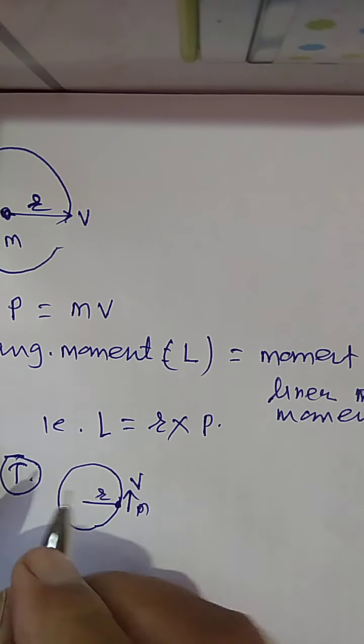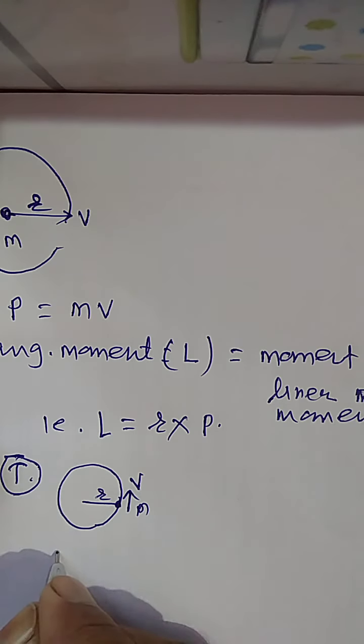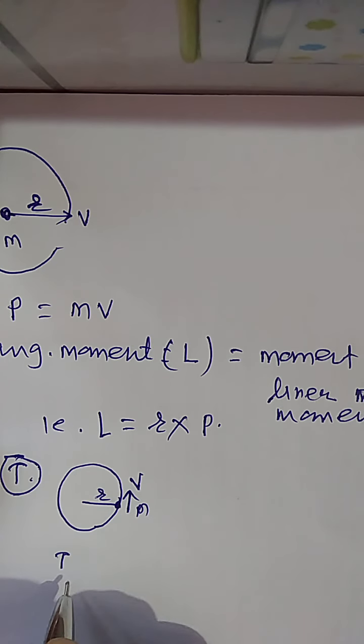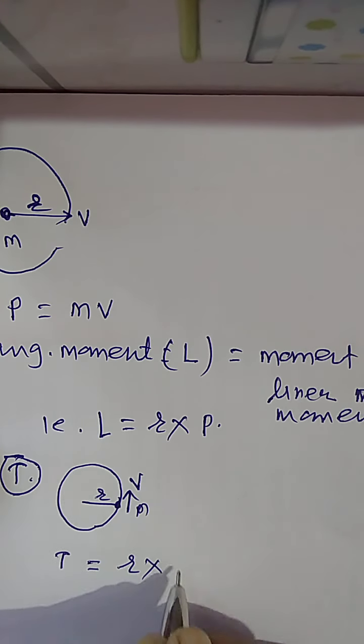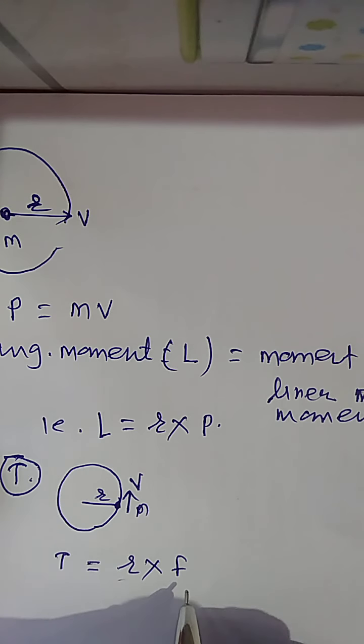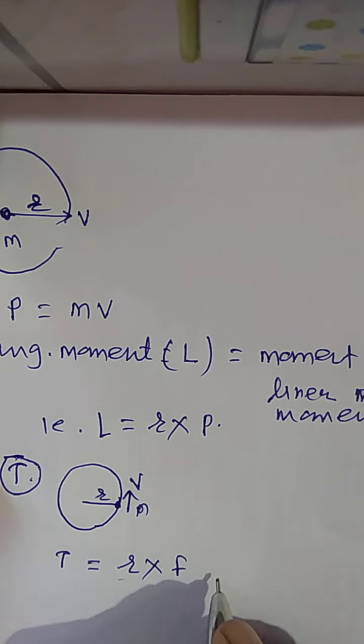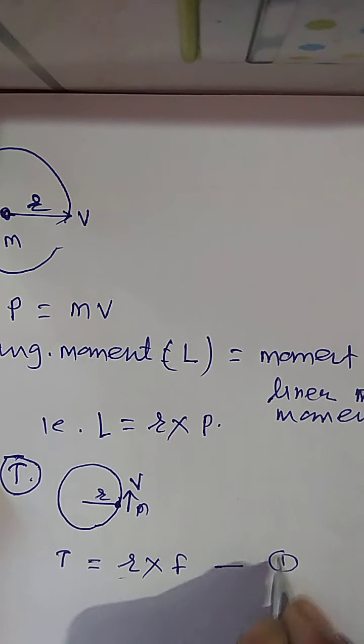The torque tau is defined as the moment of force. Therefore, tau equal to r cross F. Moment of force means r cross F. This is equation number 1.